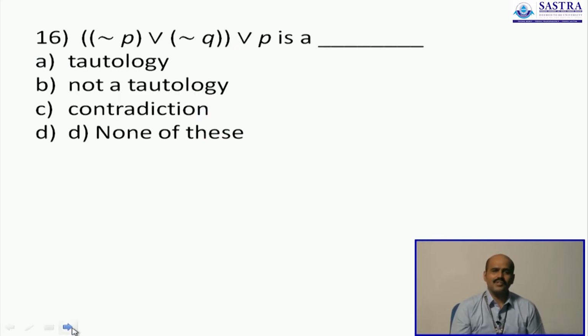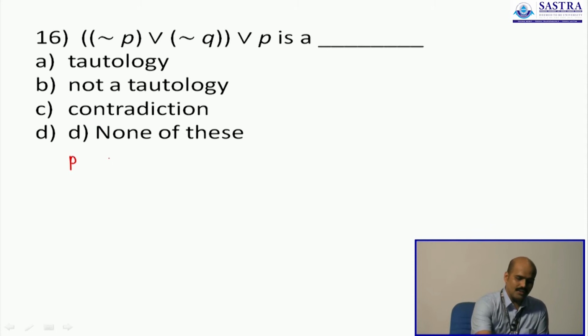Now the next thing that we saw is classifying a compound statement as being a tautology or a contradiction. We have a statement here, a formula, which talks about a compound statement involving P and Q. There are only 2 statements, so it is easier to draw this.